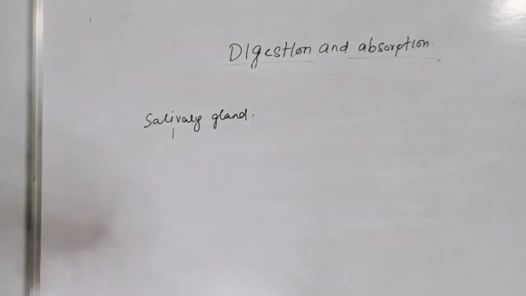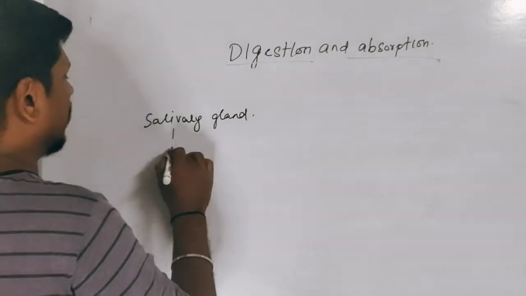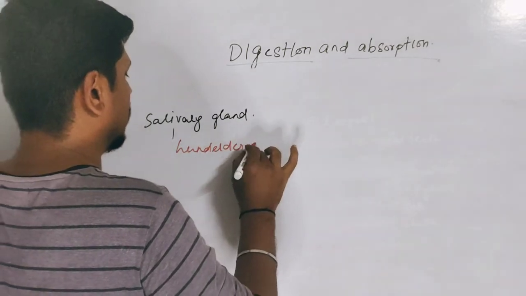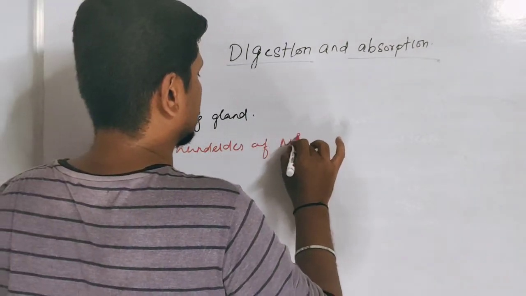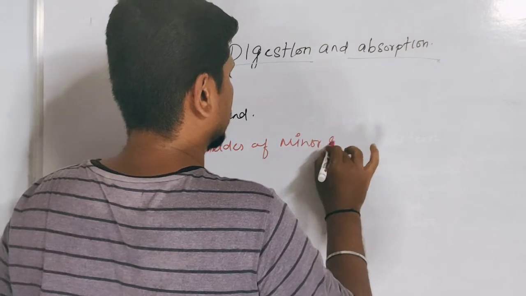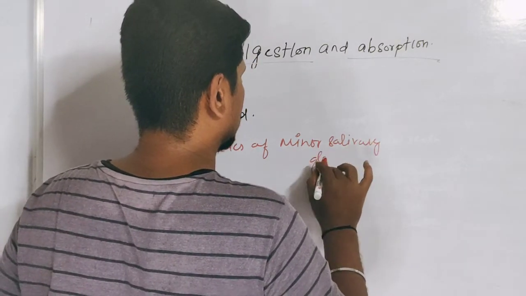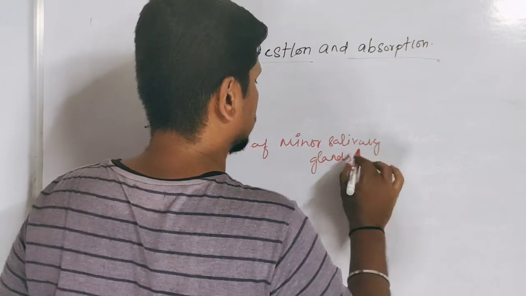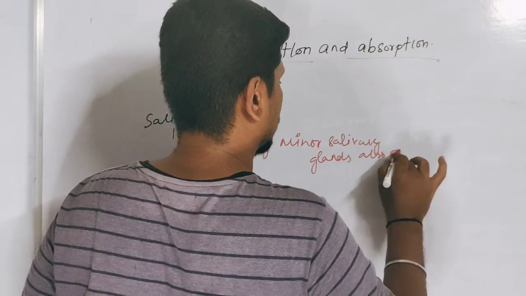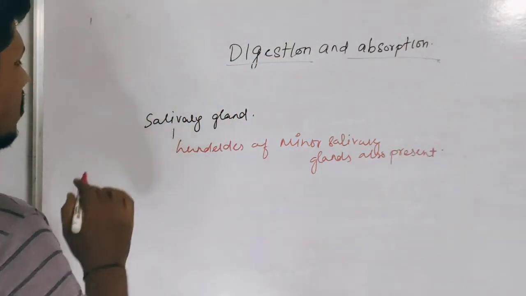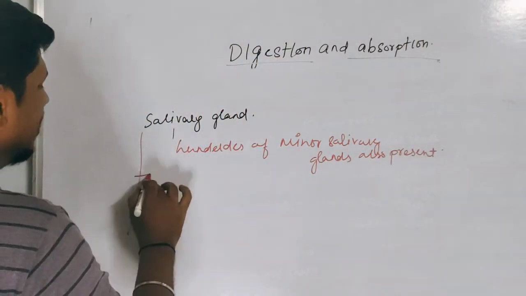And one more thing, hundreds of minor salivary glands are also present. Right? And how are the salivary glands going to be classified? Three parts.